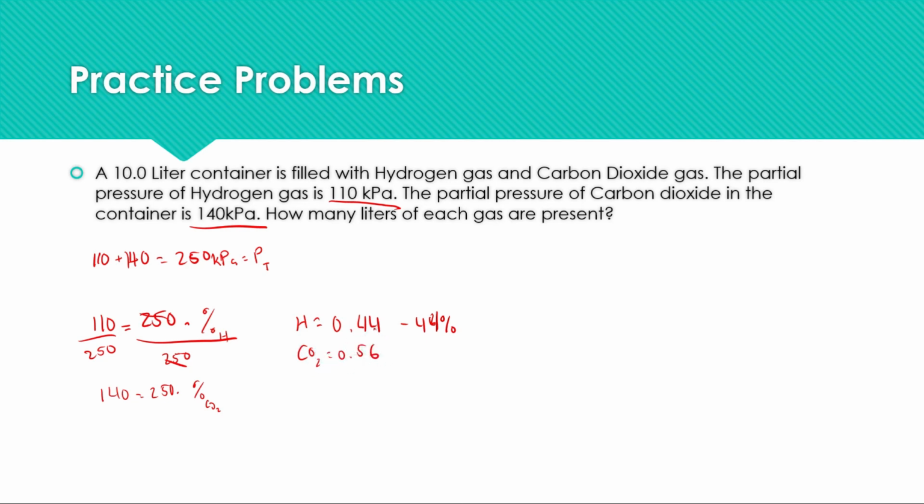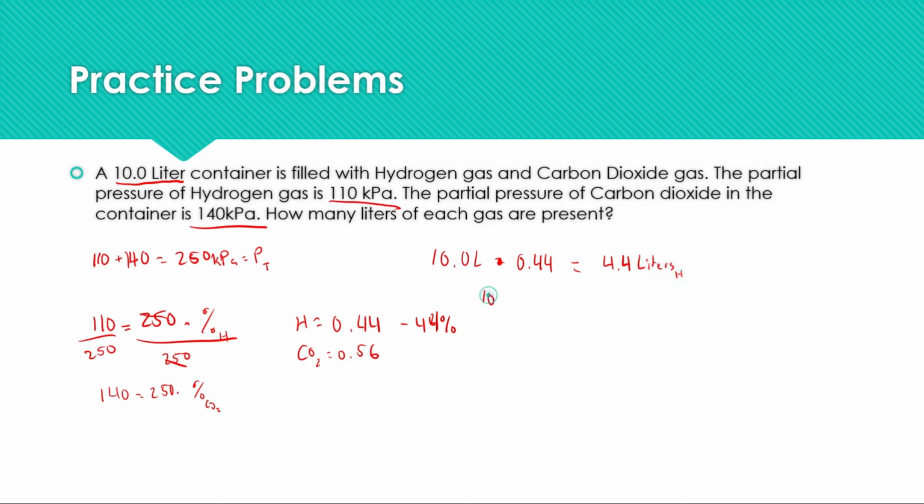Now, this is the percentage composition in volume of the two. So this gas is 44% hydrogen and 56% carbon dioxide. That being said, we need to know how many liters, and we know that our total container is 10 liters. So if we have a total of 10 liters, and hydrogen makes up 0.44, or 44% of that, we will get that there are 4.4 liters of hydrogen.